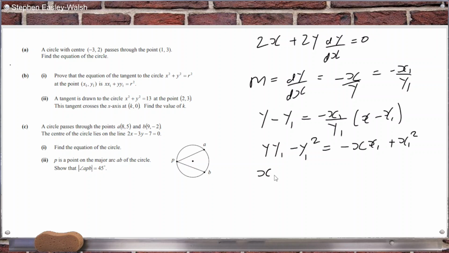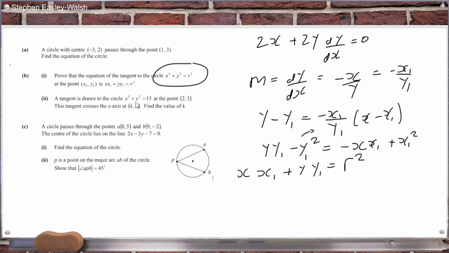So take that x to the left, keep x1 x on the left, plus y1 y, and take the x1 squared and y1 squared to the right. But x1 squared plus y1 squared is r squared. So that works out.